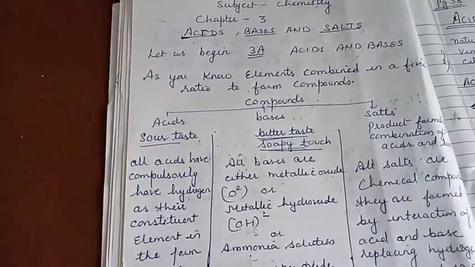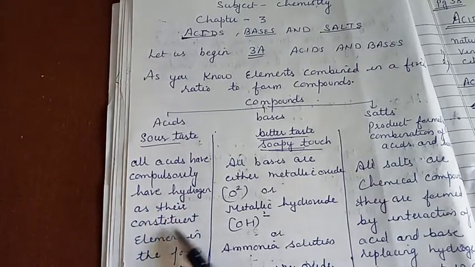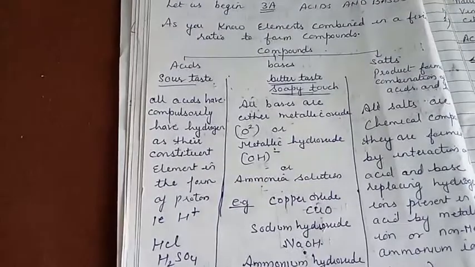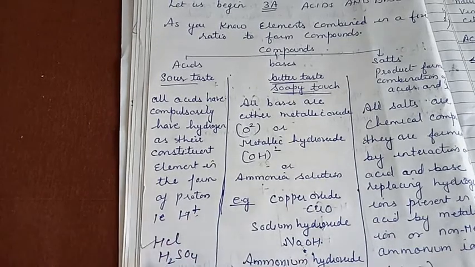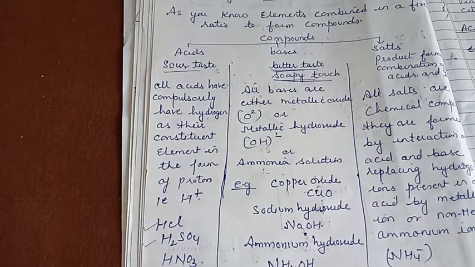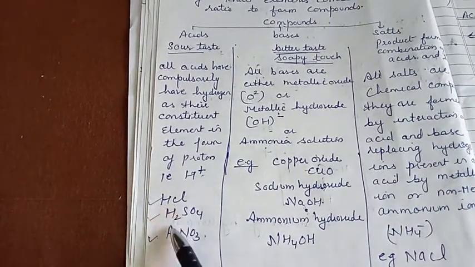All acids compulsorily have hydrogen as their constituent element in the form of a proton, that is hydrogen ion. See the examples: hydrogen chloride, sulfuric acid H2SO4, nitric acid HNO3. See, there is hydrogen present.